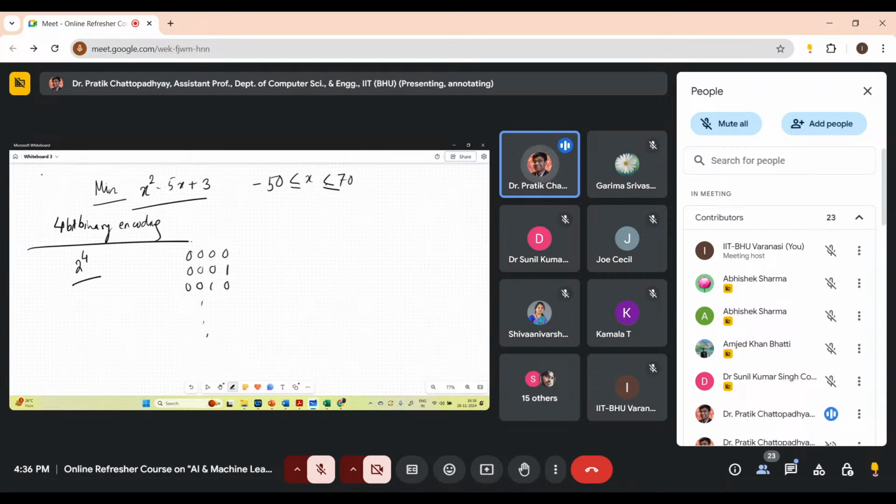Basically we do not encode in 4 bits, we use a much larger number of bits, but we do not go through all the possible bit strings. That would be a brute force search. Genetic algorithm is intelligent. It is called heuristic search. So we randomly generate strings of 0 or 1. Let's say the first string is 0010, 0100, and instead of 16, let us generate only 5: 1001, 0111. Some can be repeated also.